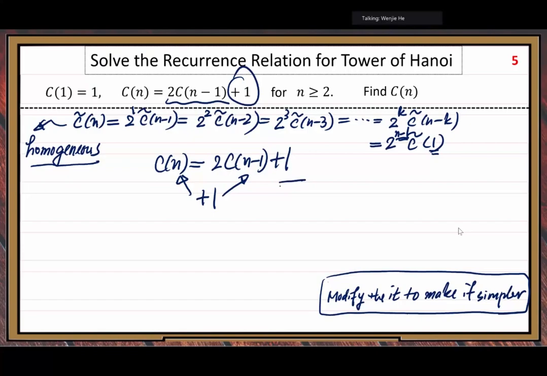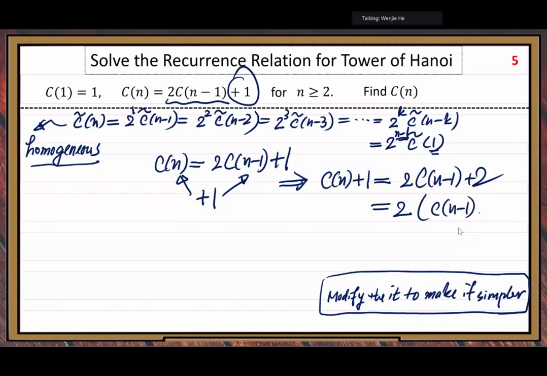Because after you add that one to both sides, the left-hand side becomes C of n plus 1. The right-hand side becomes 2 times C of n minus 1 plus 1 plus 1, so you get a 2. But 2 is a common factor, so we factor that 2 out, inside C of n minus 1 plus 1.